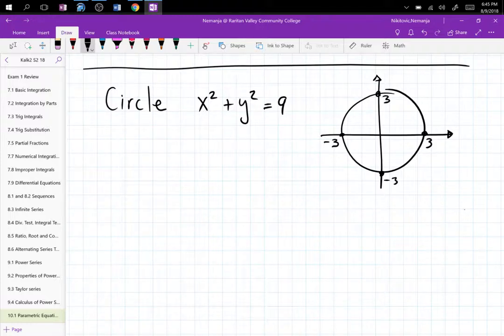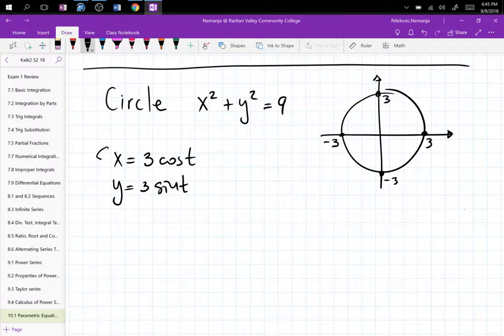Parametric equations for a circle, and this is me telling you what they are, are x equals 3 cosine t and y equals 3 sine t. They work as a pair, so I put this brace to push them together. So here's your parametric set.